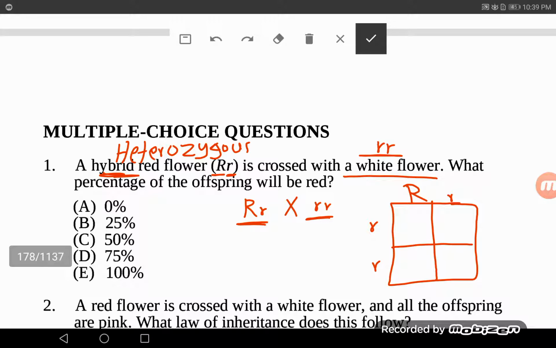We will multiply this r small with that one, then with that one. So r small multiplied by R capital will be R capital r small. Then r small with r small will be r small, r small. Then we come to the second allele.